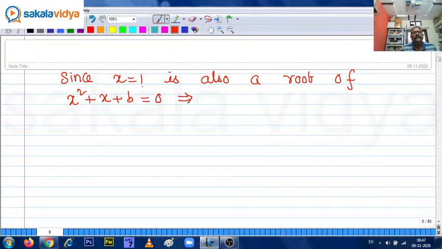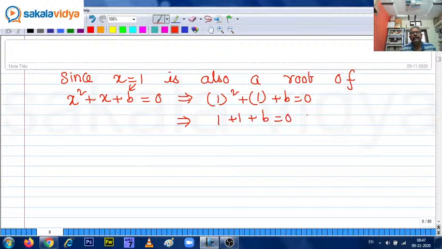So that implies this satisfies this equation. So 1 square plus 1 plus b equals to 0. So we have here 1 plus 1 plus b equals to 0. That implies b plus 2 equals to 0. So b equals to minus 2.